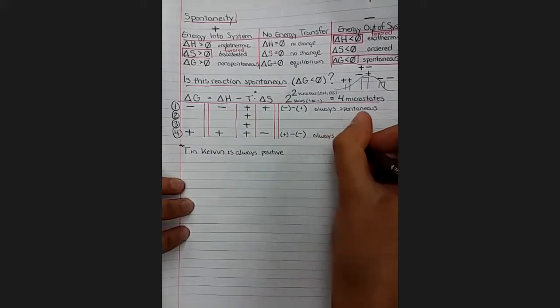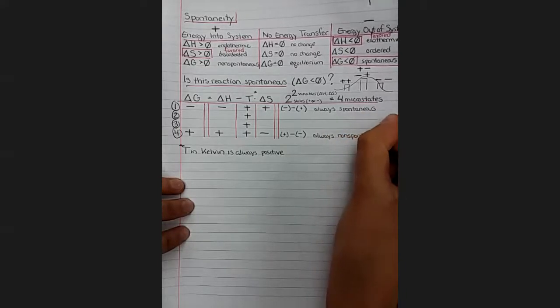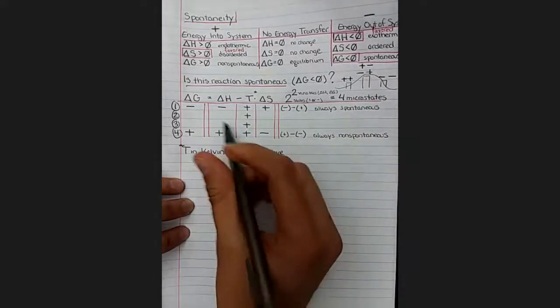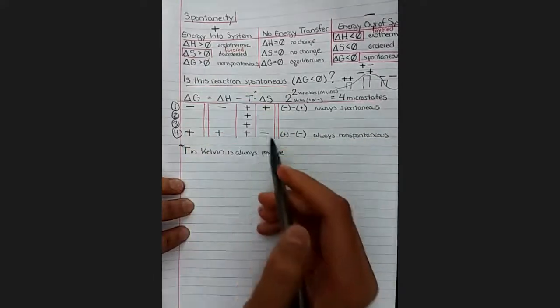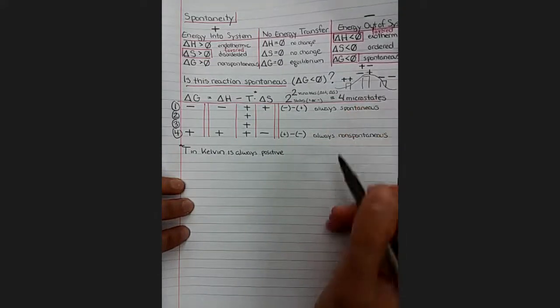So this microstate is going to be always non-spontaneous. It'll be non-spontaneous when we have endothermic and we have an increase in order of the system.